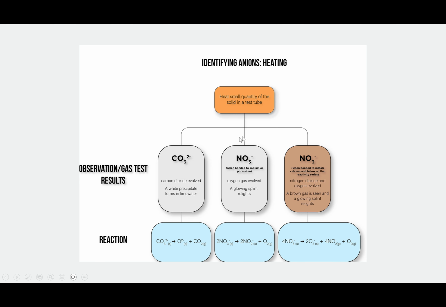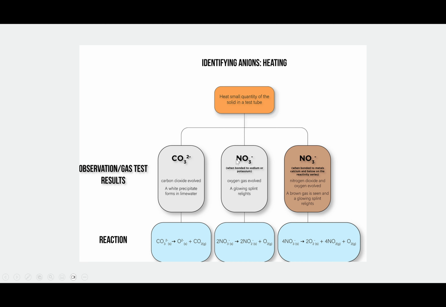That is the specific gas test. If we heat something and a white precipitate is formed with lime water, then it would be carbon dioxide gas being released. That makes sense. So we heat the carbonate specifically and we get carbon dioxide and some oxygen ions as well.